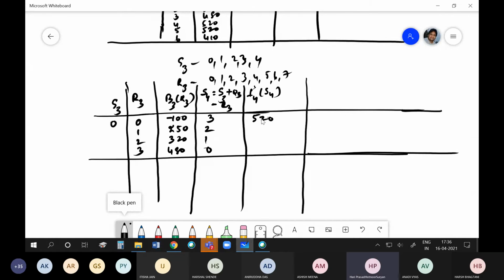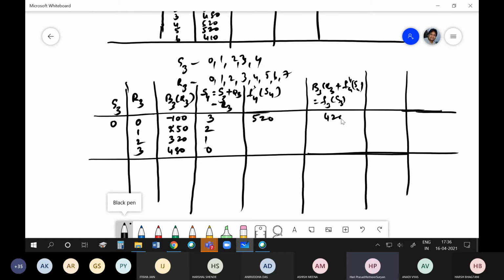So then this one, B3 of R3 plus F4 star of S4, which equals F3 of S3. Okay. So this comes out how much? 520 minus 100. Okay. So this will be 420.